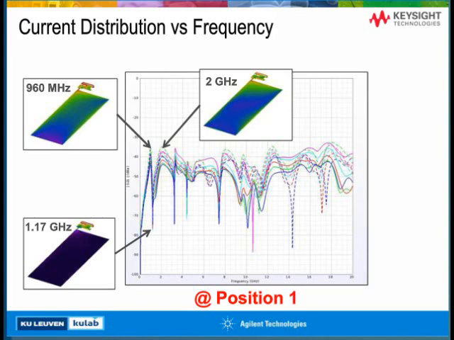Again, the currents are spread all over the ground plane and are very high at the position where the interconnects are. So this proves that looking at the currents in the ground plane and how they overlap with the return currents of the traces gives an indication of how strong the coupling is.